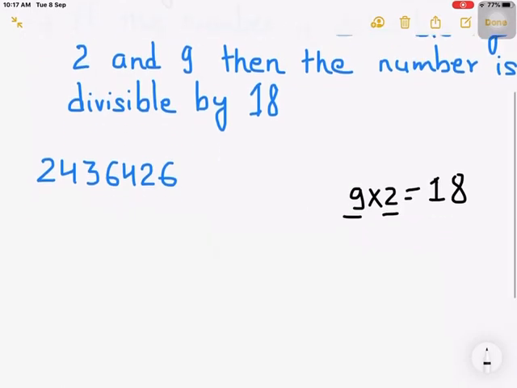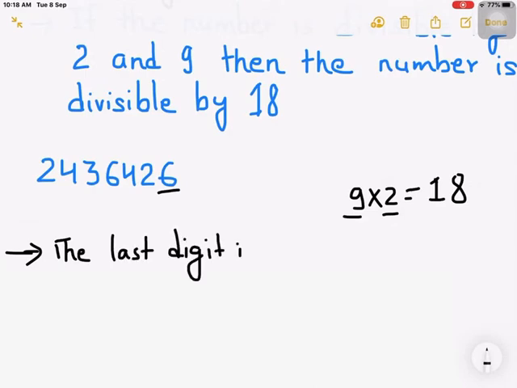So what is the rule for 2? That the last digit must be an even number. Here the last digit is 6.